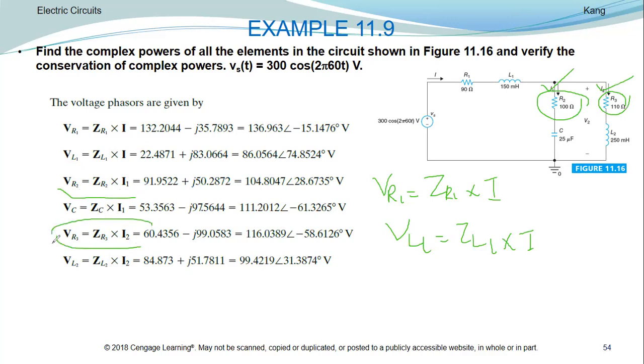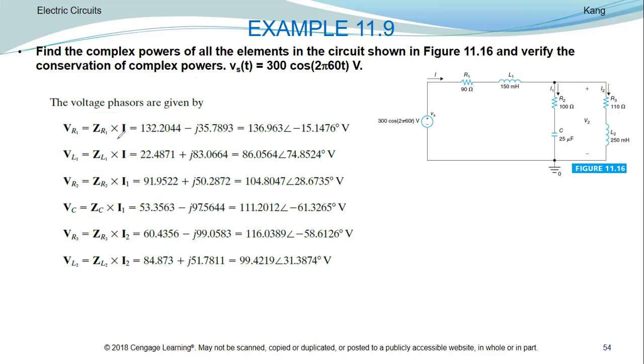So these are basically dependent on I2, these are dependent on I1, and this is dependent on the value of current, that is I. So just putting in the values of Z and I, I can find the values of VR1, VL1, VR2, VC, VR3, and VL2 respectively.